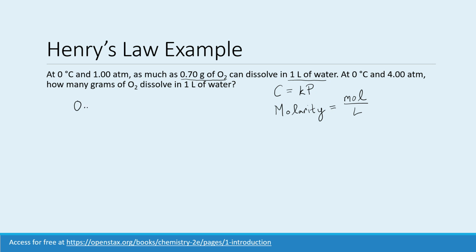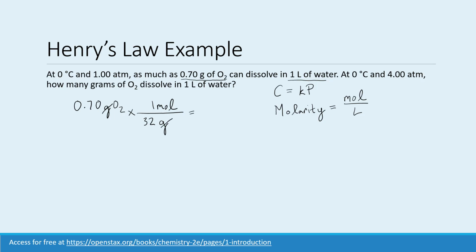So we're going to take the 0.70 grams of O2, and oxygen is roughly 16, so if there's 2 of those, it's roughly 32 grams per mole. This is coming from the periodic table, right? We calculate the molar mass, and so 32 grams per 1 mole. We've got to divide by that molar mass so that the grams cancel out.